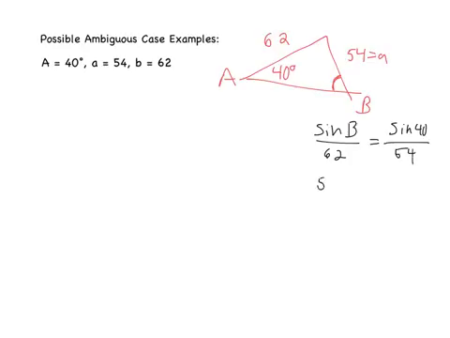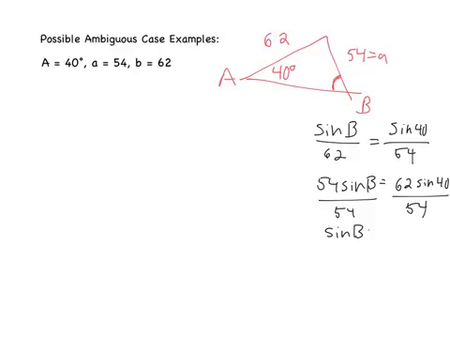I'll do my cross multiplying and divide. So then sine B equals 62 sine 40 over 54.